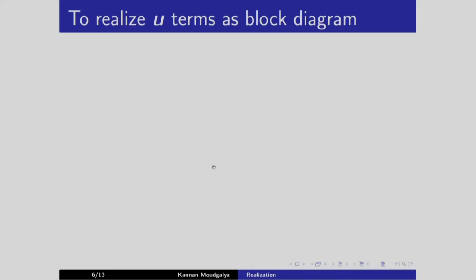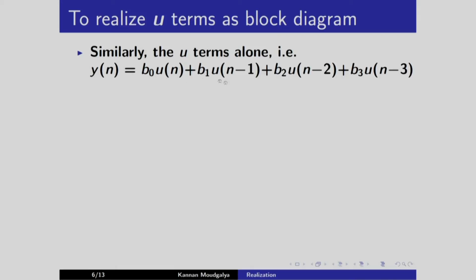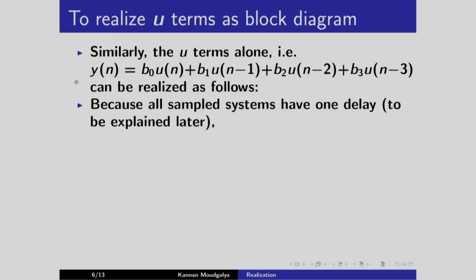Now in a similar way we will realize the U terms also with another block diagram. Okay, recall the expression that we had for u. This can be realized as follows. Before that, what we will do is we make an observation that all sampled systems have at least one delay.